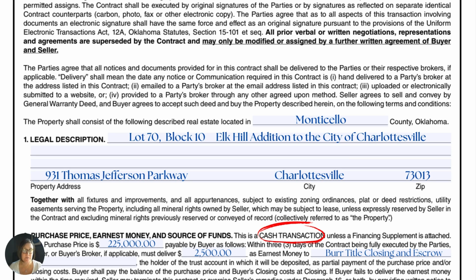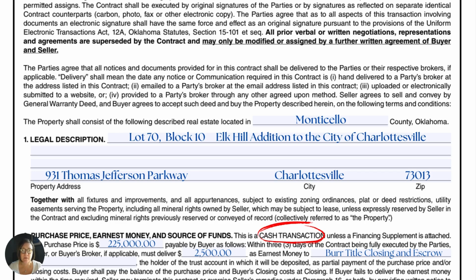On VA, a lot of times the VA lenders will recommend only putting $500 down, because otherwise the veteran ends up getting cash back at closing. So just pay attention to the type of loan that you're using, and use the earnest money amount as part of your strategy and negotiations.